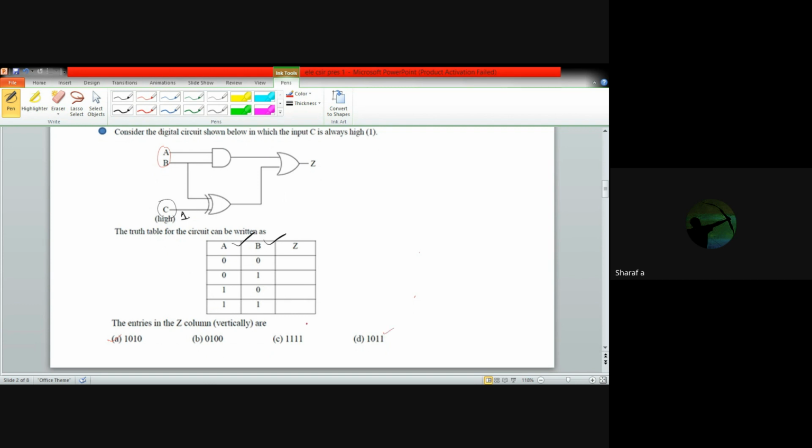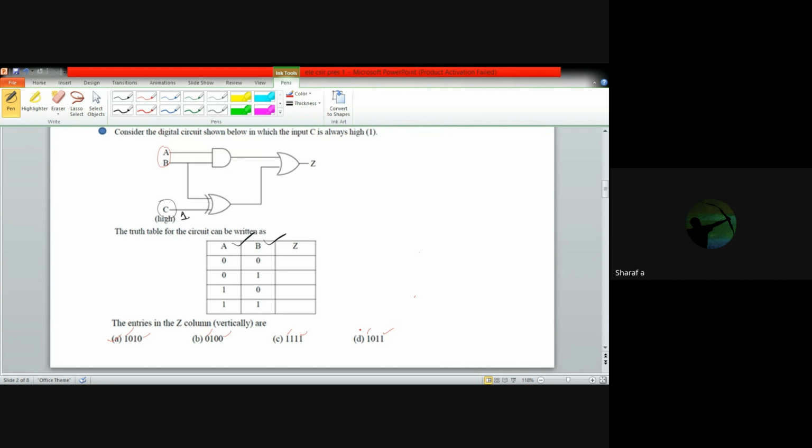The last digit is 1, this is 1, this is 0, this is 0. When you consider the first one, this is 1, this is 0, this is 1, this is 1. So either you can start with the first one, the last one, or the middle one, if there are three of them which are coinciding. Okay, so that is an approach.